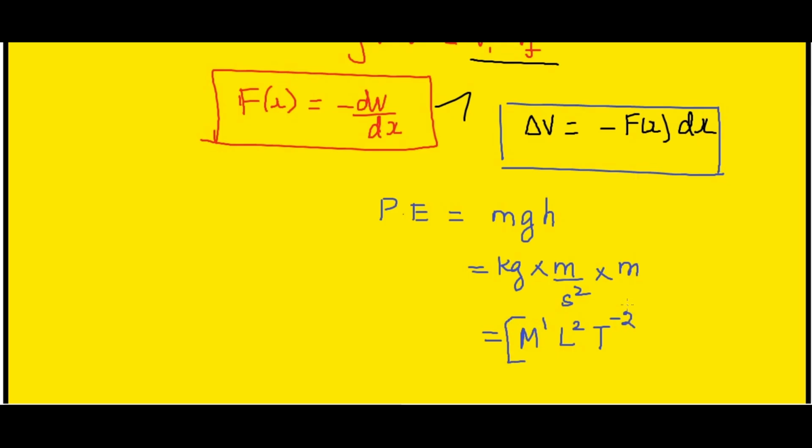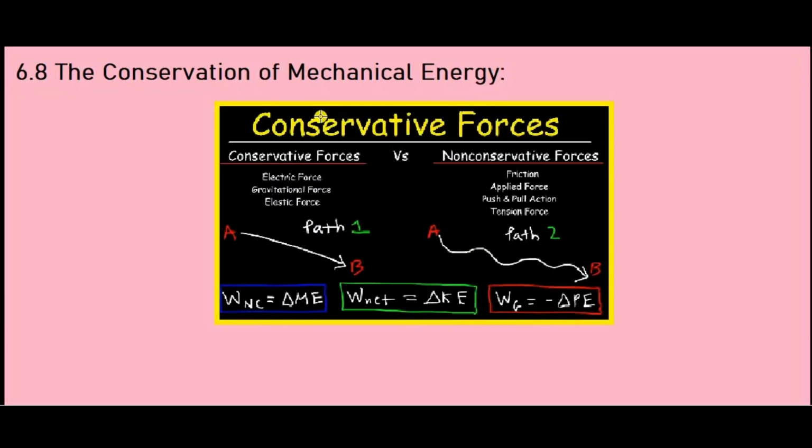So the potential energy is going to have the dimensional formula as M power 1 L power 2 T power minus 2, and the unit for that is joule, as for the kinetic energy and the work done. To reiterate, the change in potential energy for the conservative force, delta V, is equal to the negative of the work done by the force.